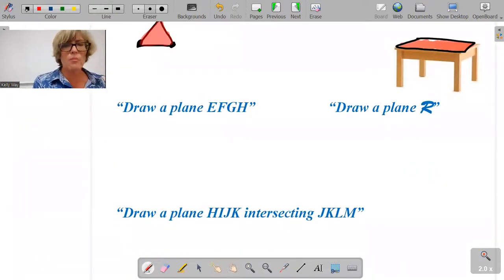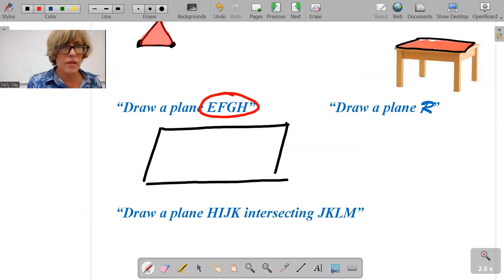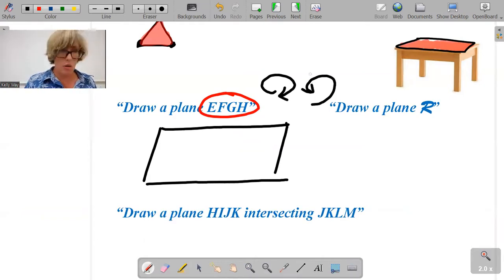If I say draw a plane EFGH, it's important when you are labeling E, F, G, and H that you either go clockwise or counterclockwise. You never zigzag. So what I'm about to do is wrong. Do not copy.